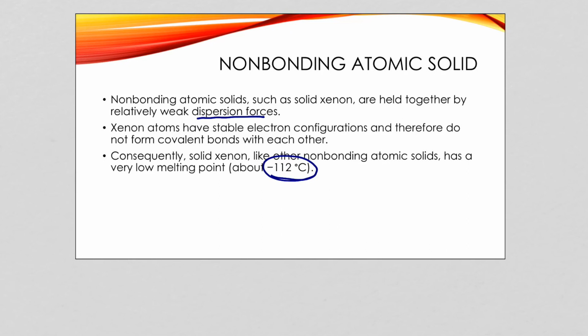But things like dry ice, it's a molecular solid because it's a molecule, but it's still held together by dispersion forces. So again, we saw a very low sublimation point in that case, minus 78. Xenon, a little bit lower with those dispersion forces, at minus 112. But the bottom line is relatively low melting points for these non-bonding atomic solids.